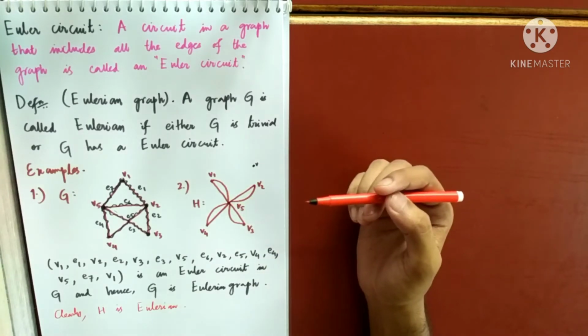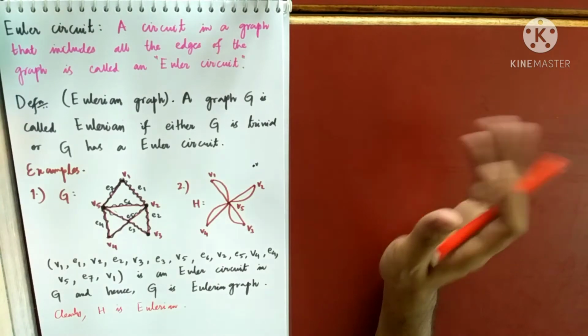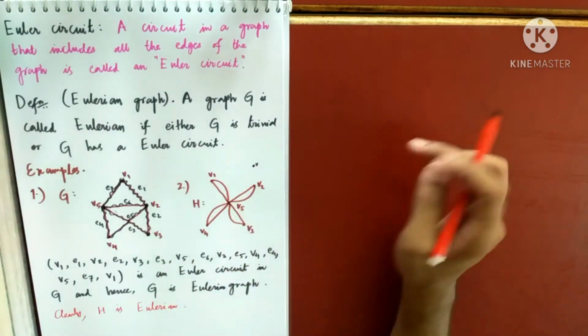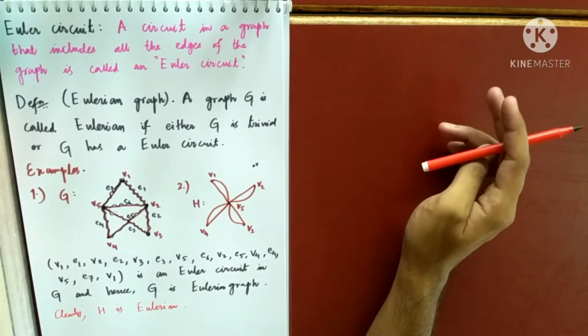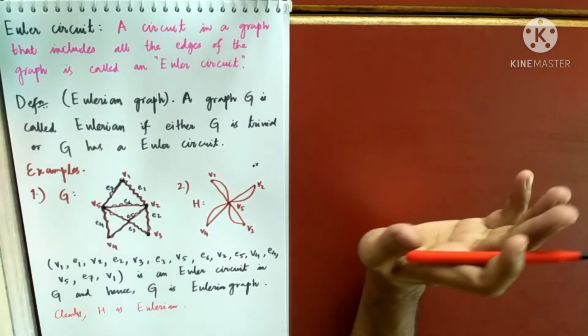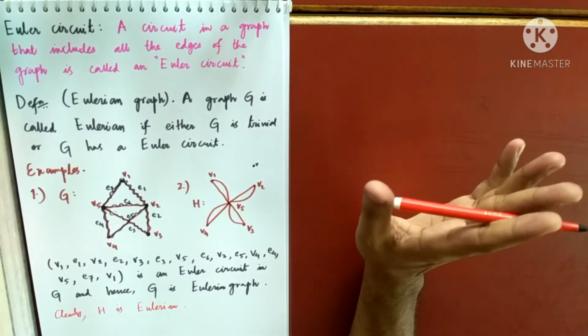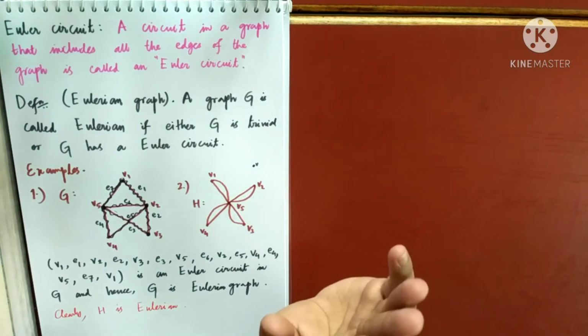One thing you notice, both the graphs that I have drawn here, G and H, are Eulerian, and the degree of every vertex is an even number.